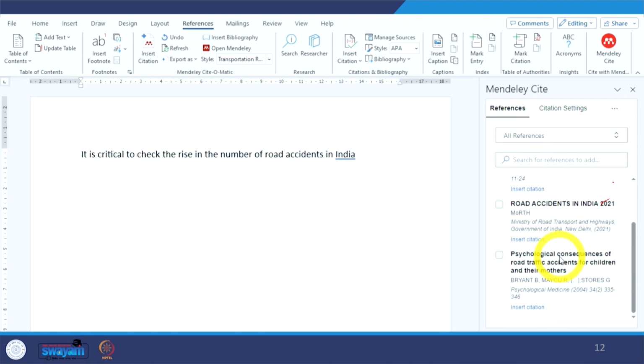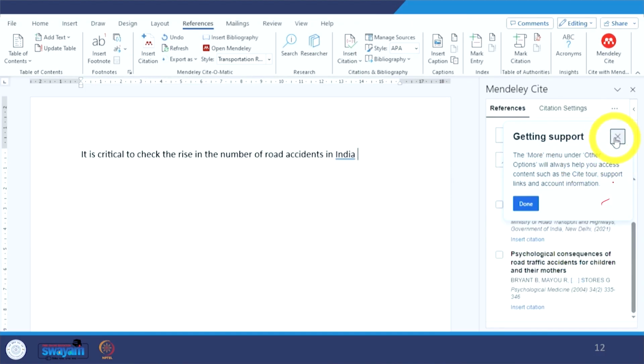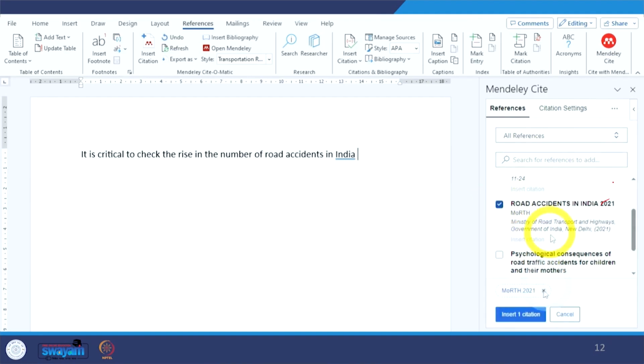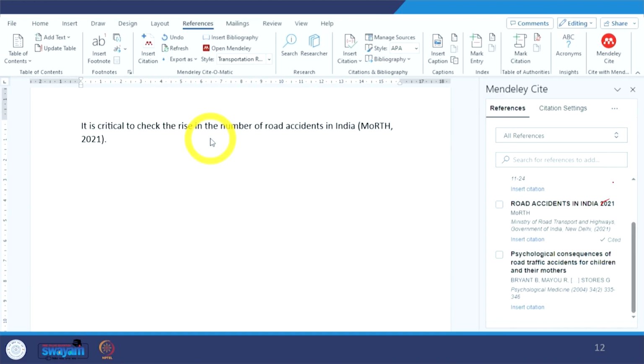You can also search whenever you have n number of references, so you have to remember which particular paper you want. You can search on that and insert. So, it is inserted, and by default the style here is something called Transportation Research. I will show you how you can change it.